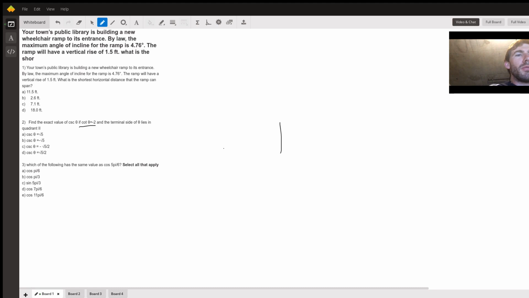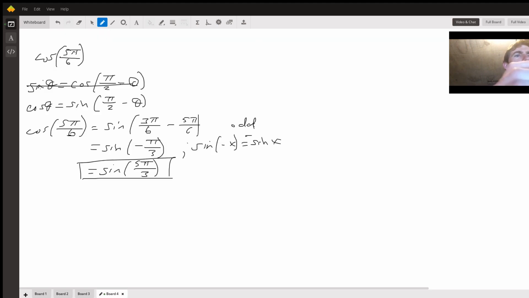For part 3, we have which of the following has the same value as cosine 5 pi over 6? Select all that apply. I'm not really seeing any that apply except for one answer, and we use the relationship cosine of theta is equal to sine of pi over 2 minus theta.